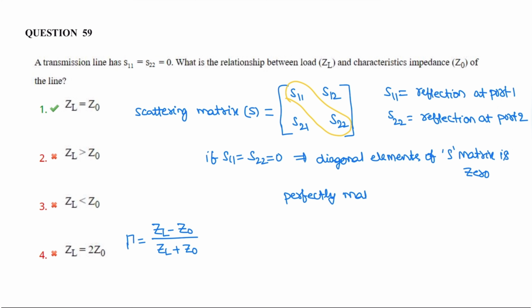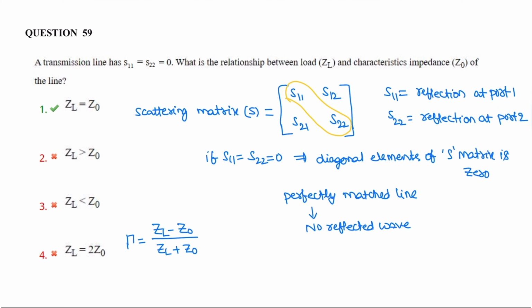Perfectly matched line. So if a line is perfectly matched, then no reflected wave. That is, the entire wave is transmitted. It represents an ideal power transfer with no energy being reflected back into the system.